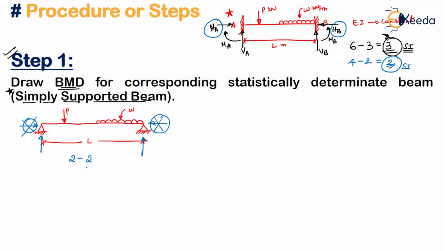You will have 2. What are those? Summation V equal to 0 and summation M equal to 0. So this became a statically determinate beam. The unknowns are only 2 here. If we call this A and this B, VA and VB are your unknowns. Understood?